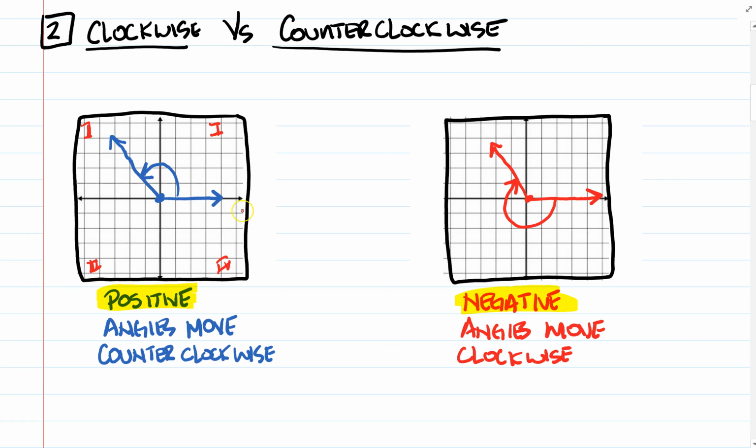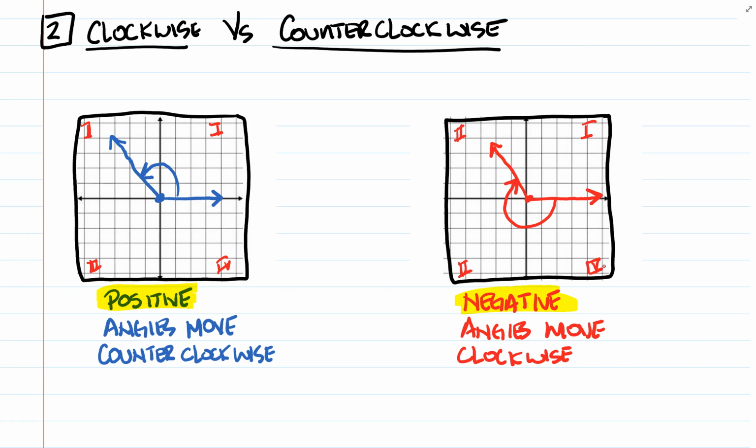So it swings up in a positive direction if it's going counterclockwise. Negative angles move in a clockwise direction. So they would swing down and to the left and then up and around. So again, this is 1, 2, 3, and then 4. So we have to remember positive angles swing counterclockwise and negative angles swing clockwise.